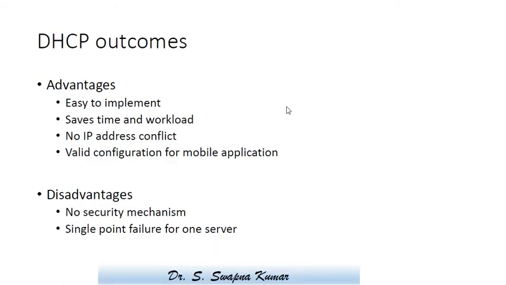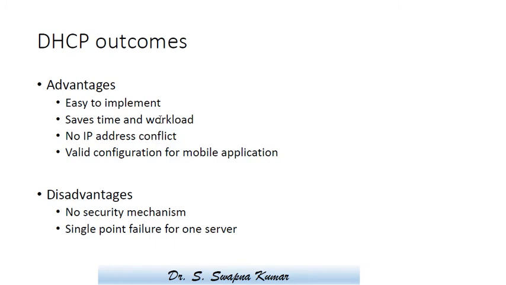Now let's see the outcomes of the DHCP in terms of advantages and disadvantages. The very first advantage is that it is easy to implement, and it automatically assigns an IP address correctly using DHCP. The next is saving time and overload.